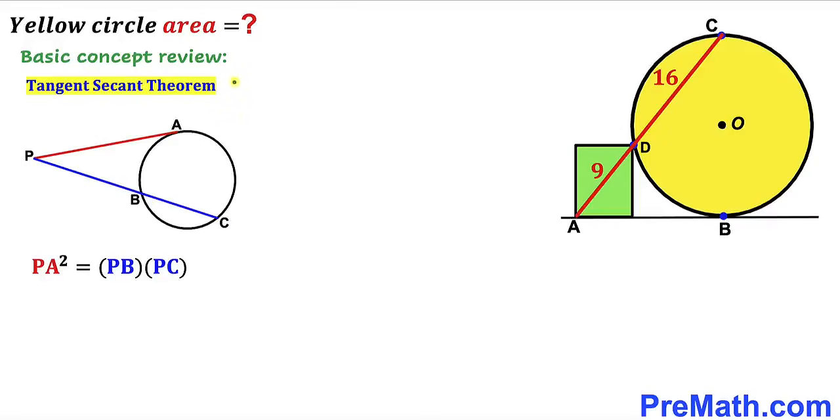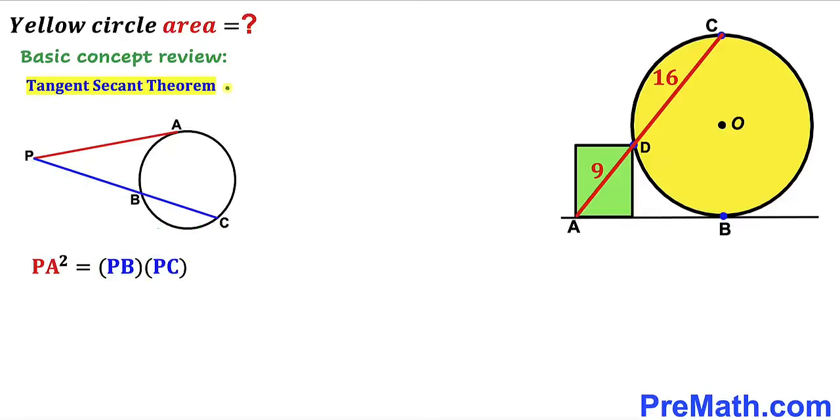According to the tangent-secant theorem, we can write PA squared, this segment PA whole squared, equal to the segment PB times the whole segment PC. On the right hand side, we have PB times PC.